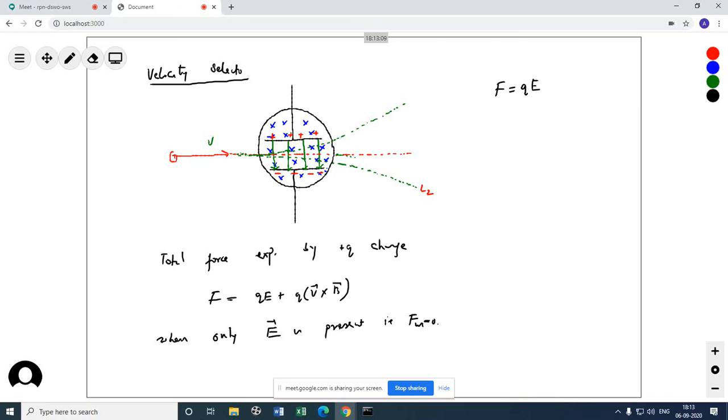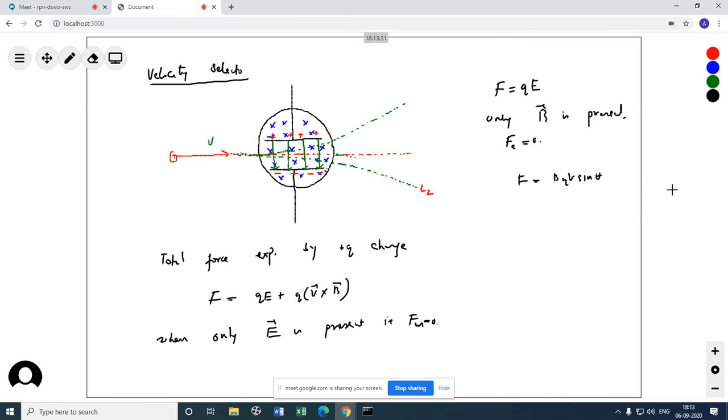Now when only the magnetic field is present, only B is present, then what will happen? Fe will be 0. Fe 0 means F equals BqV sine theta.